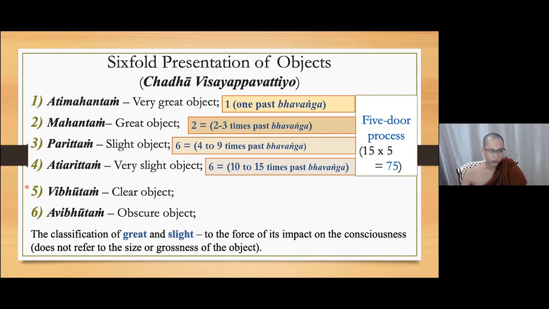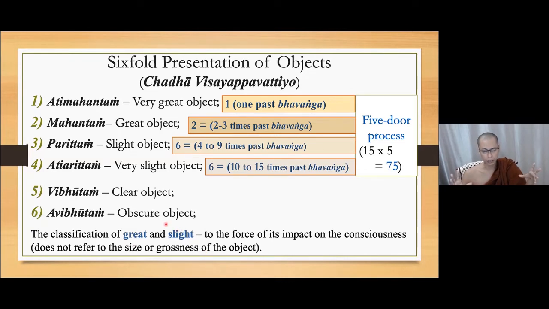Then 1 to 4 objects are related to the 5-door process, and we can say these are the objects of the 5-door process. And the objects of the 5-door process can be classified according to the qualification that impacts on the consciousness, not referring to the size or grossness of the object.